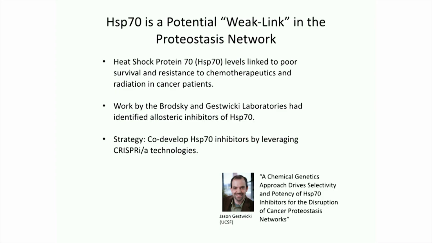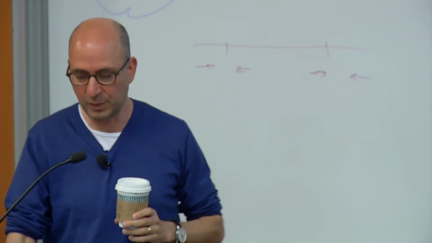This is a protein that's conserved all the way from bacteria to humans. And in humans, there are multiple different copies. Every different organelle where there's folding has another copy of HSP70, and in the cytosol, there are multiple different copies.